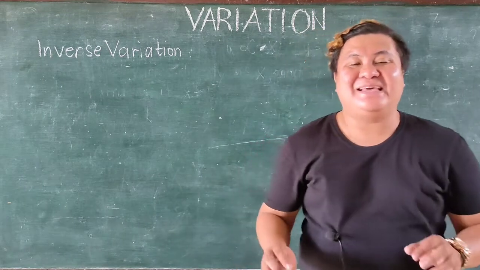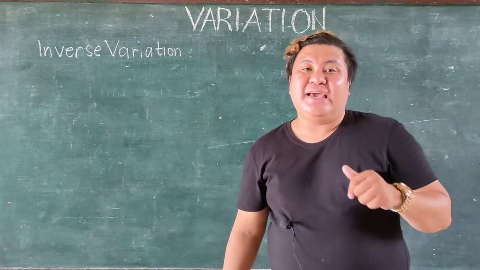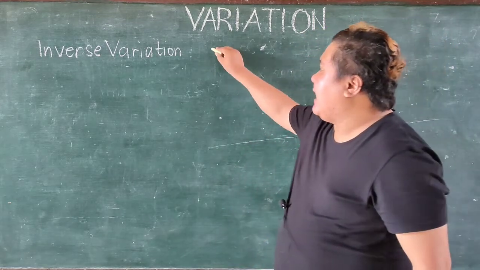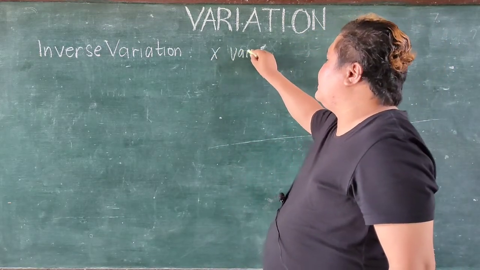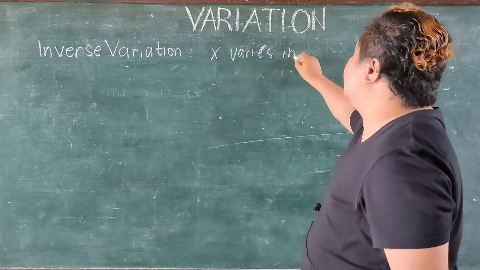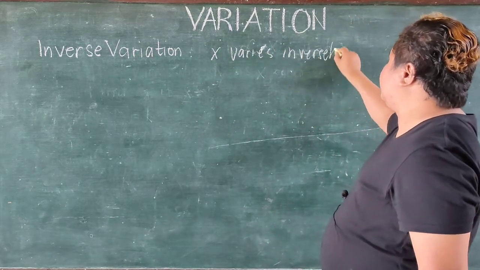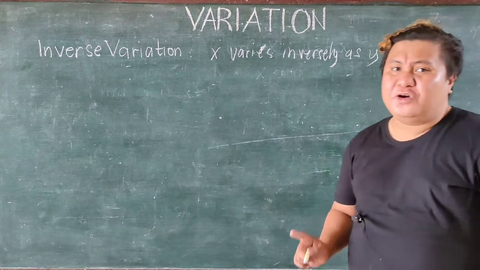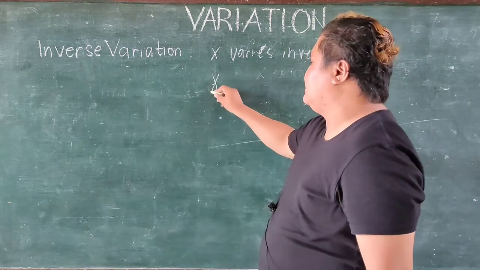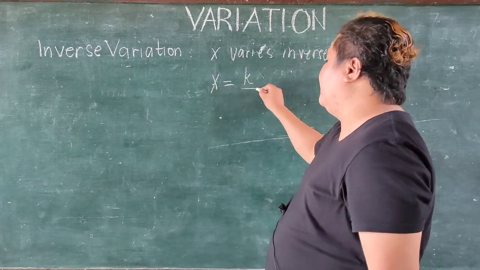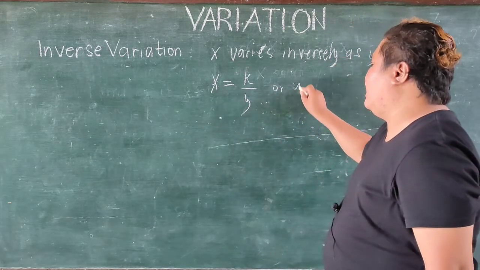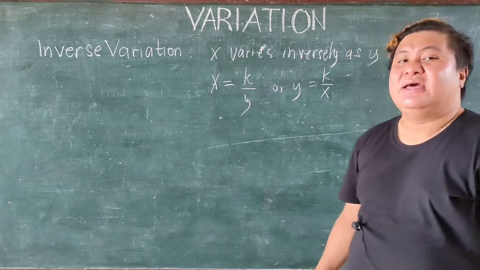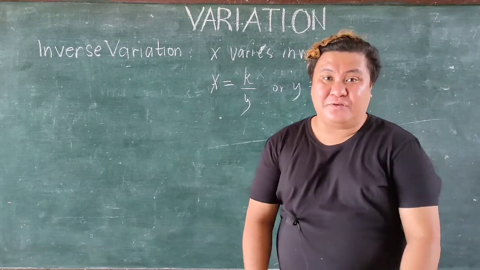In inverse variation, if we have x varies inversely as y, your formula will be x is equals to k over y, or y is equals to k over x. Okay, that is the formula for inverse variation.